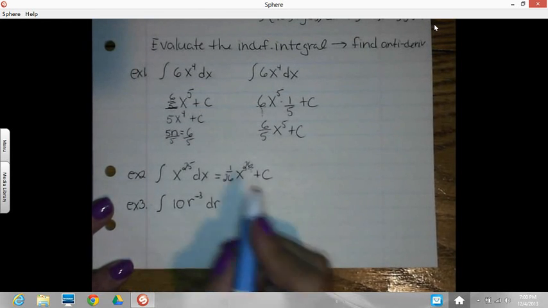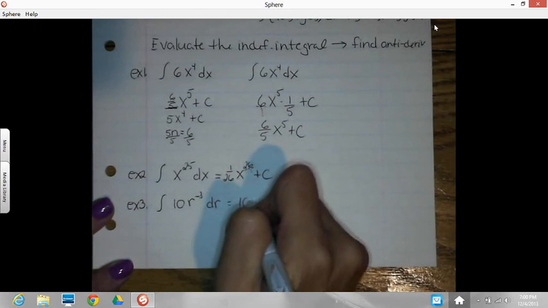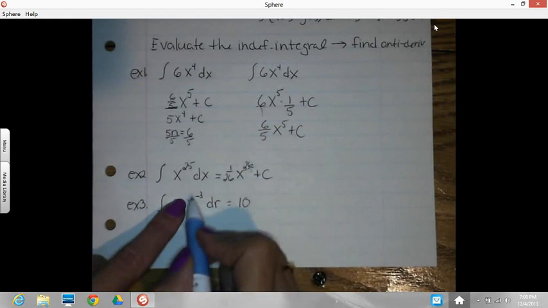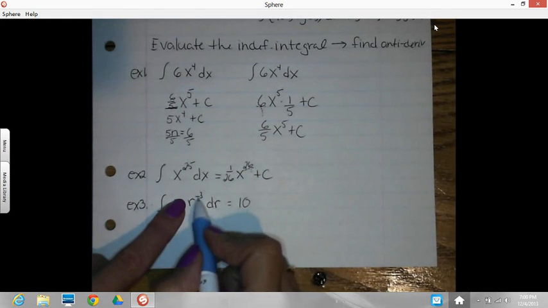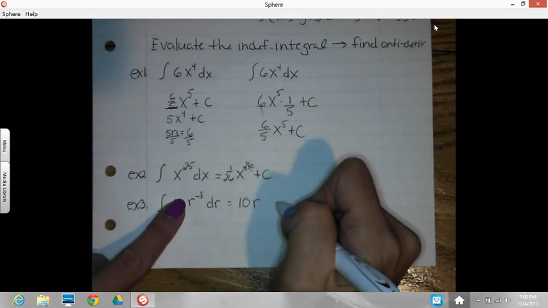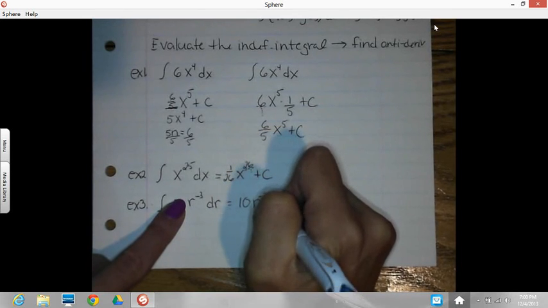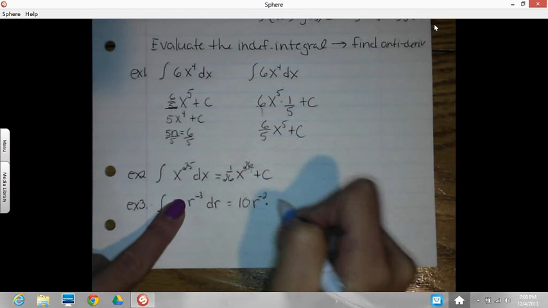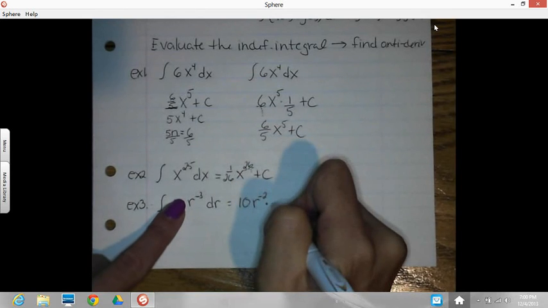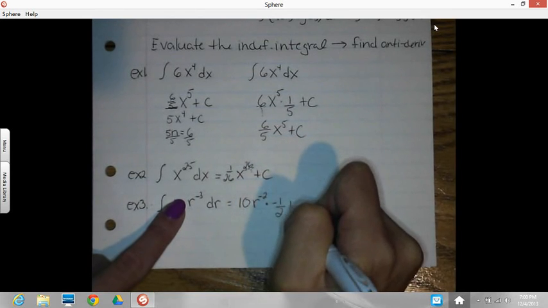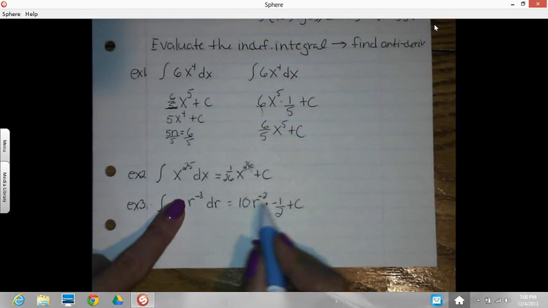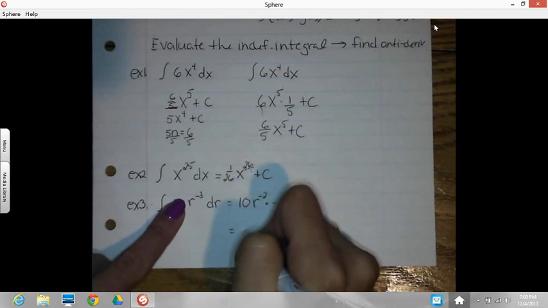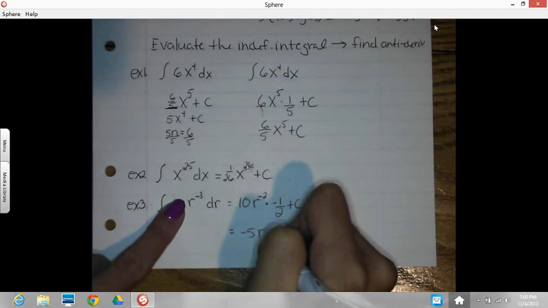Just carry it along, 10, and then times this antiderivative. The rule is add 1. Adding 1 to -3 is -2. Then multiply by the reciprocal of -2, that's -1/2, plus c. And then this is all multiplied here, so my 10 and my negative 1/2 do combine, and we get negative 5 r to the negative 2 plus c.